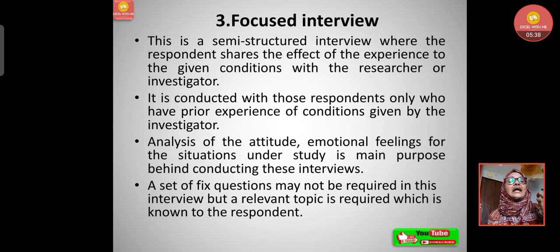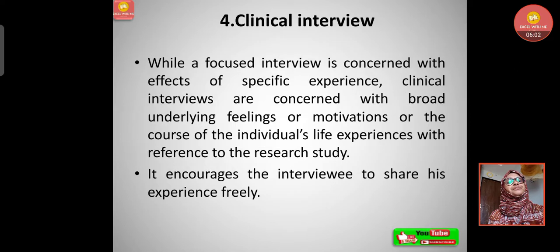Now, analysis of the attitude and emotional feelings for the situations under study is the main purpose behind conducting these interviews. Obviously, doing the analysis of somebody's attitudes or emotional feelings is important here. A set of fixed questions may not be required in this interview, but a relevant topic which is known to the respondent is required.